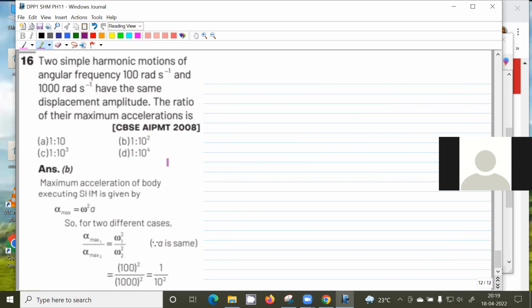Okay, this is also a trivial question. So omega is given. Amplitude is the same. So acceleration is minus omega square x, right?